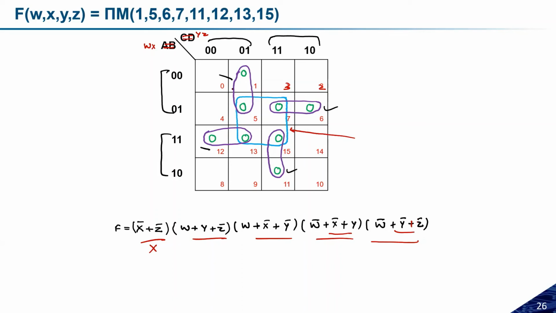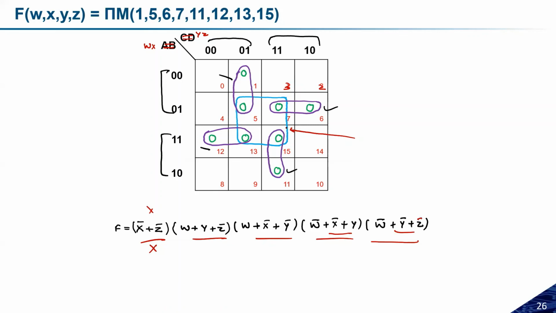But after looking into it, we can see that the other pairs cover all the zeros which we covered with the maximum pair as well. So if we do not consider this one, the function will still be the same as whatever we want, right? So it is not mandatory that we always consider the maximum pair.